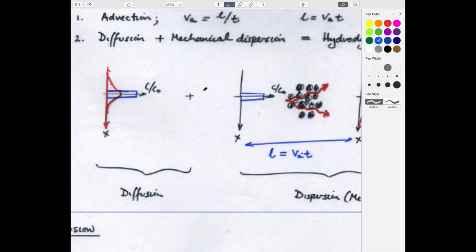This would be the height of the blob as it sits there. And if diffusion didn't operate, then nothing would happen. But if diffusion does operate, then you'd expect after some time the distribution of this to look slightly different. And after even further time has elapsed, it looks even flatter. It goes across here.